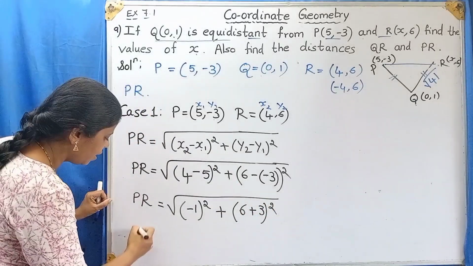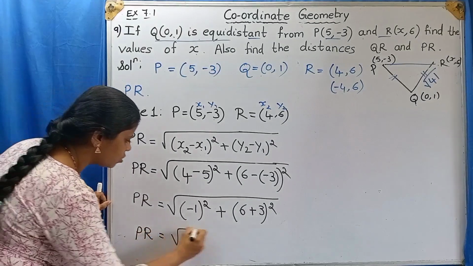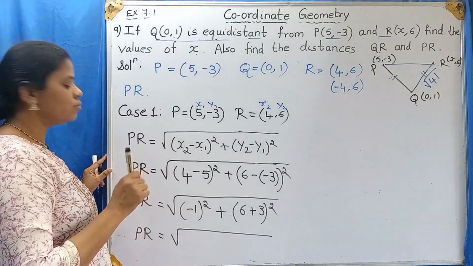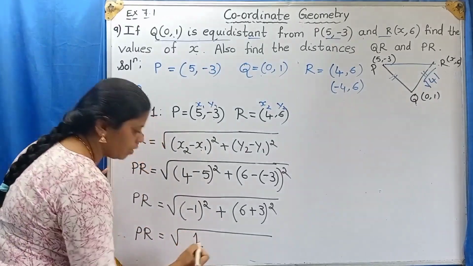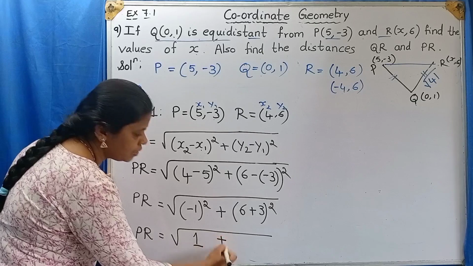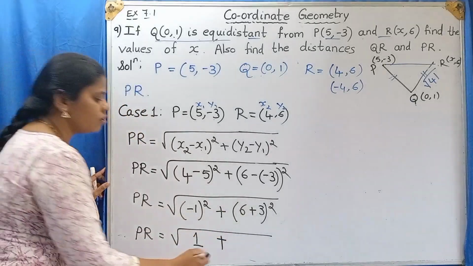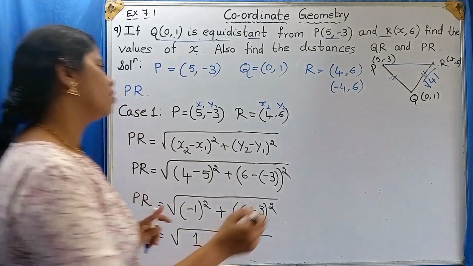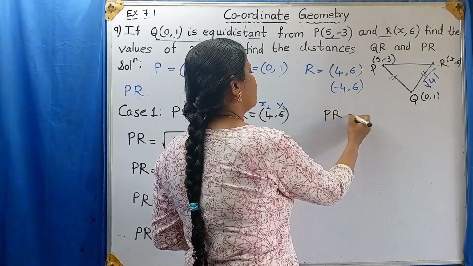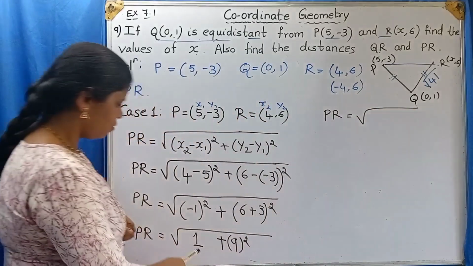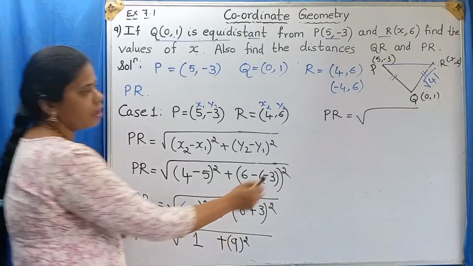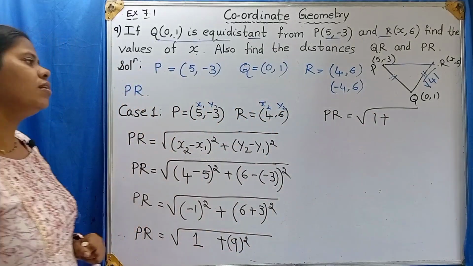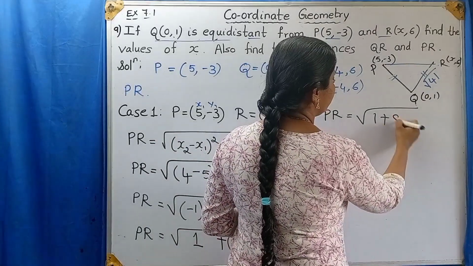Okay. PR is equal to square root of minus 1 the whole square means what? Minus 1 into minus 1 is plus 1. 6 plus 3 is what? 9, 9 the whole square. Okay. PR is equal to square root of 1 plus 9 the whole square, which is 81.